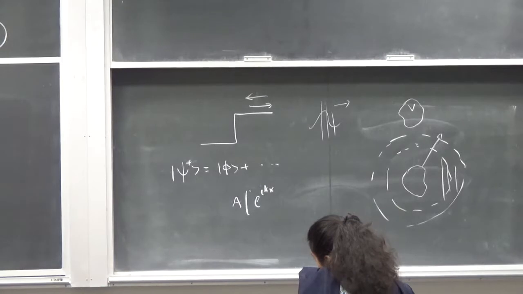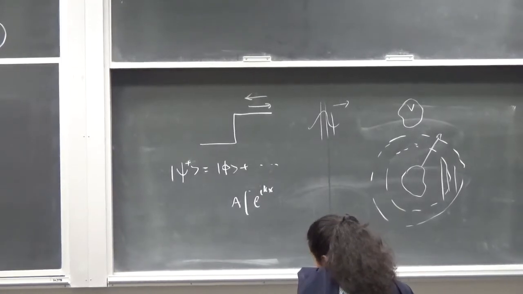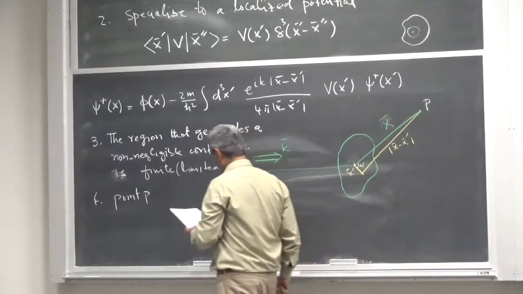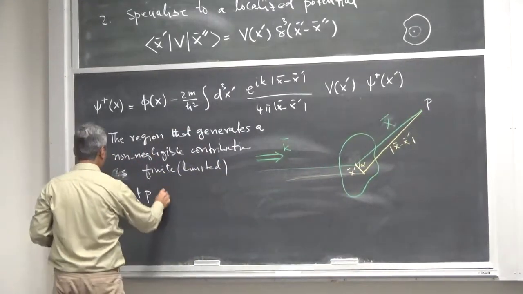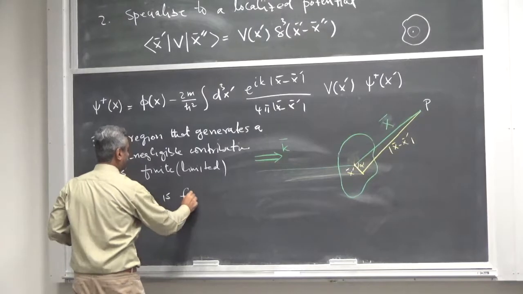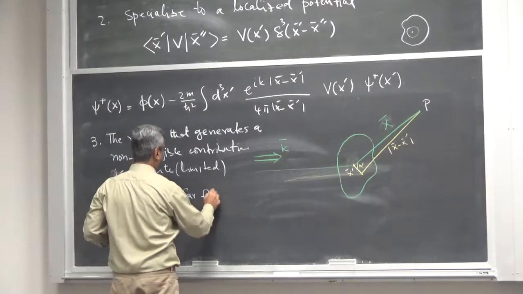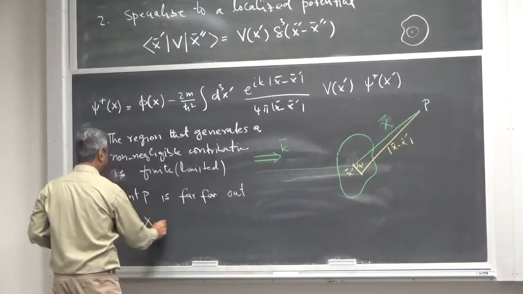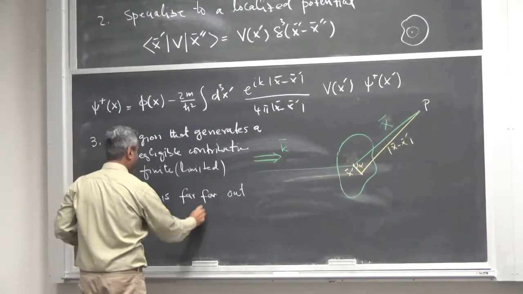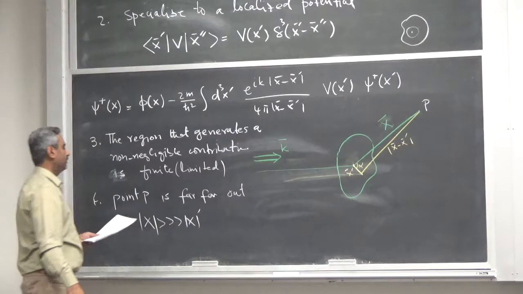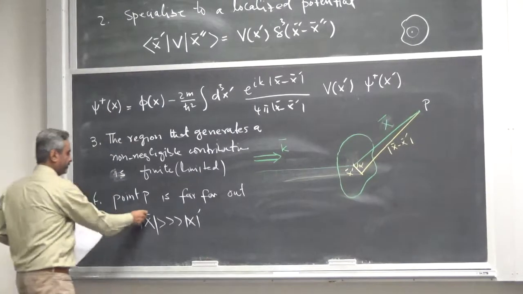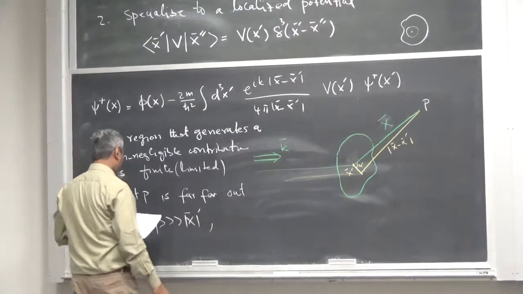And of course, point P is far out. Which means that x is always much bigger than x prime.